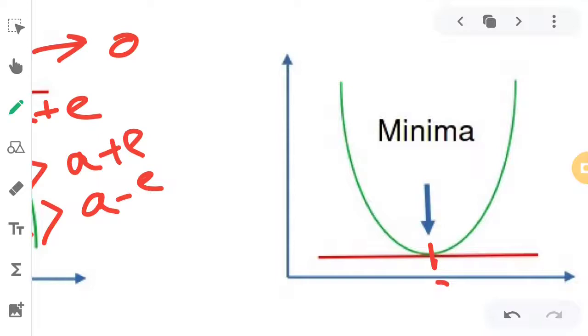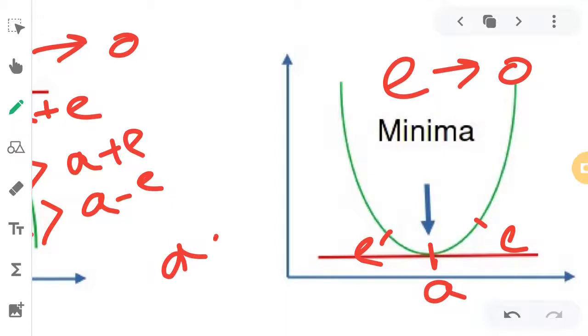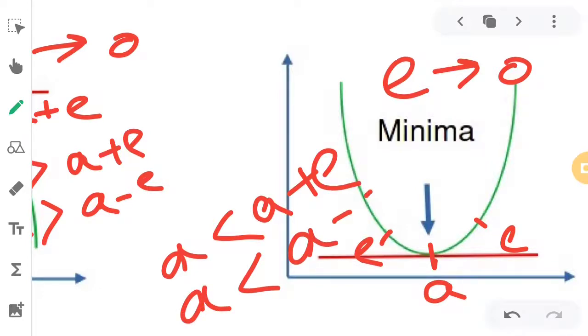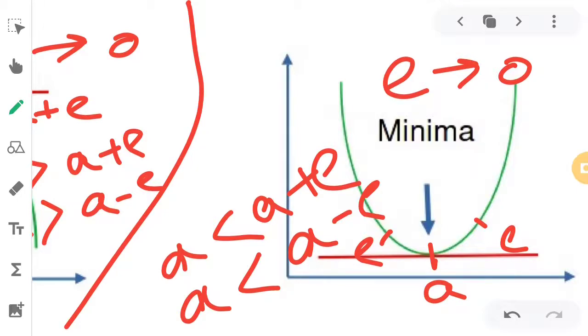This is point A, this is point E, this is point E. E tends to 0. For minima, A is less than A plus E and A is less than A minus E. Then at point A a minimum arises, and this portion is for the maximum.